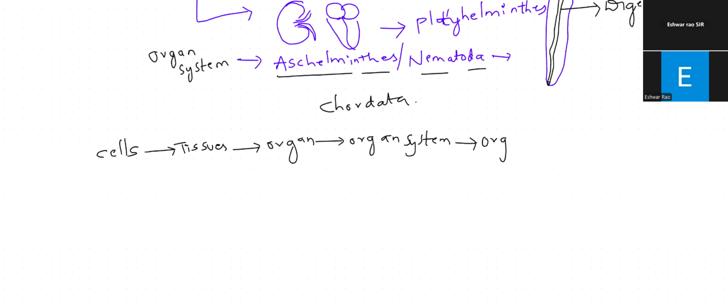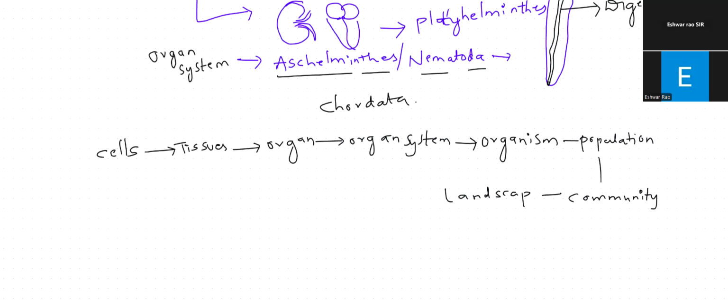Then population, then community, then landscape, then biome, and biosphere.